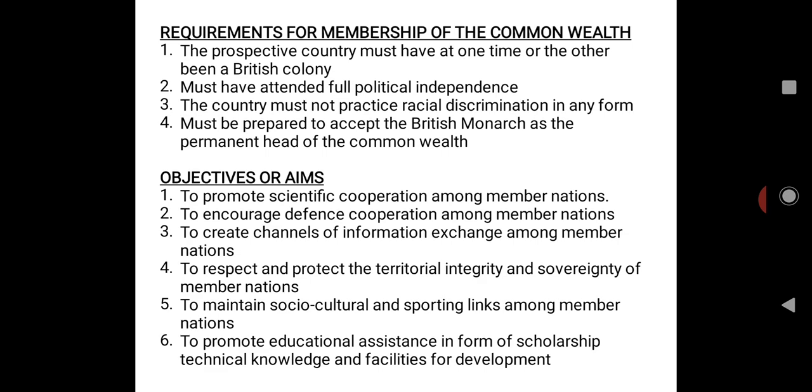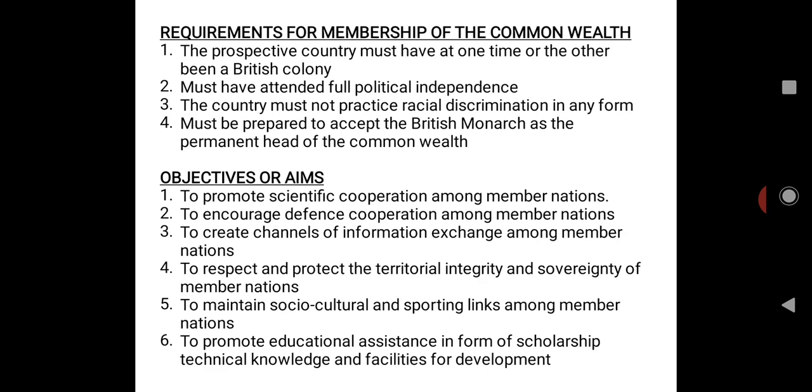The prospective country must at one time or the other be a British colony. That is, before you become a member, you must have been colonized by Britain at one time or the other. That's what makes you a member. You are now qualified to be a member of Commonwealth of Nations.